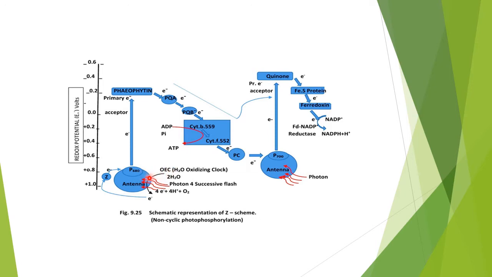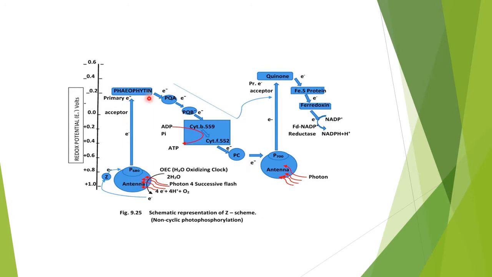At that time that photon has resulted in the release of one electron at a time and one proton, and that is given to this deficit system through a protein, that is Z.